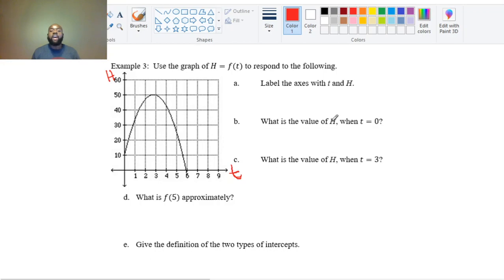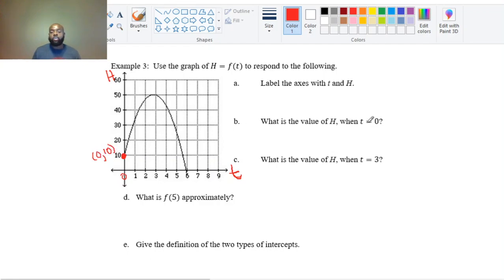It says, what is the value of h when t equals 0? T is your input value, right? I go on my horizontal axis and find 0, and then h is my vertical axis variable, the y coordinate, right? At t equals 0, from my origin, we go up to that point right there. If I labeled that, that would be the point 0, 10.